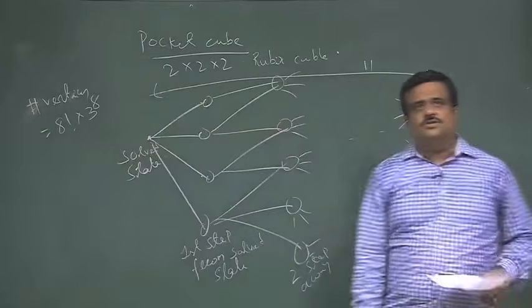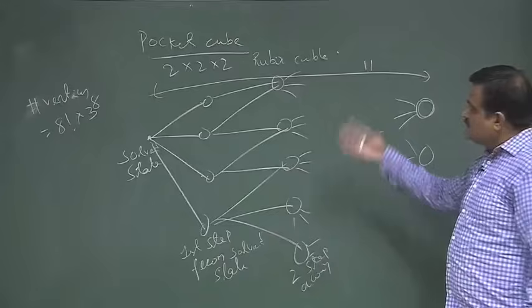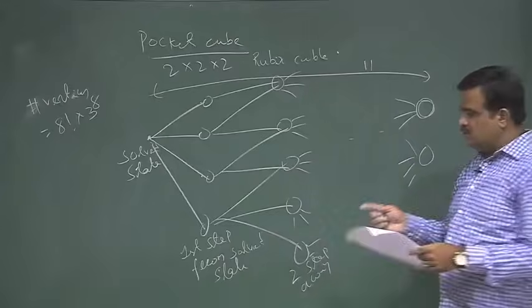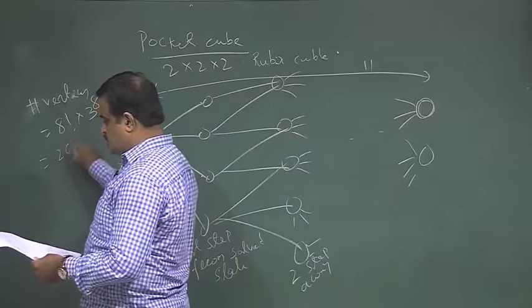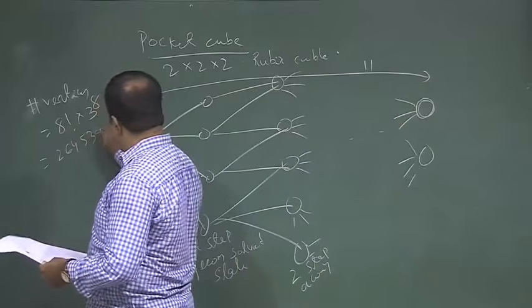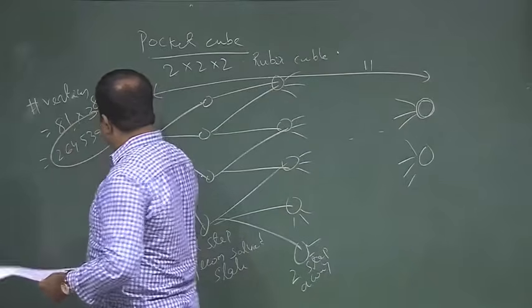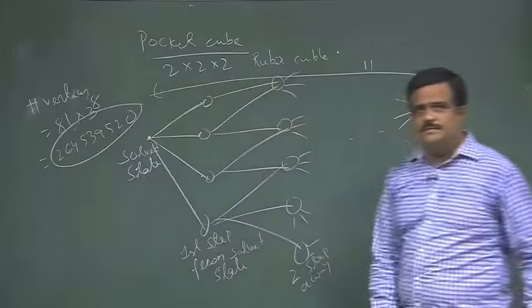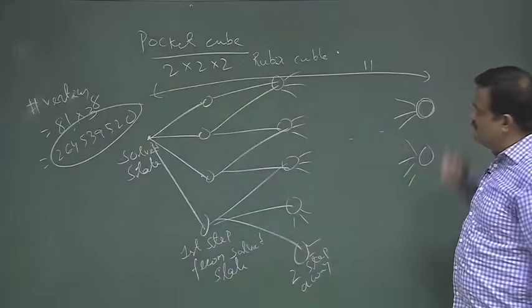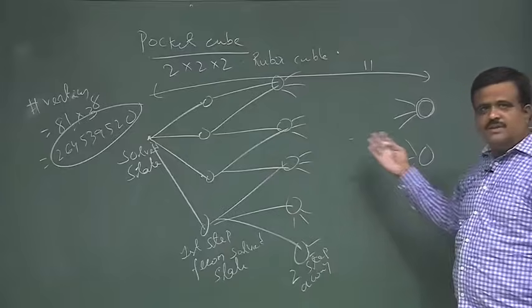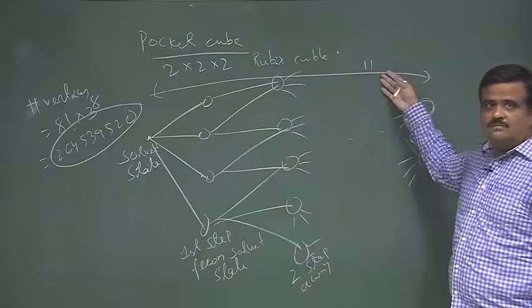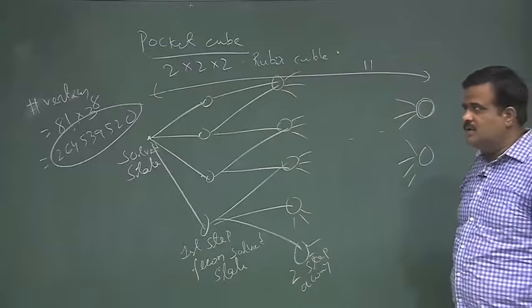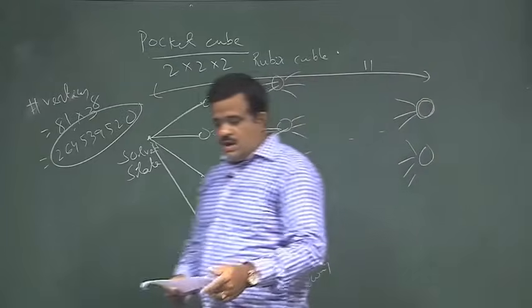This is a huge number, 264,539,520. This is the number of states of this graph, but the dimension is 11. There is a proof that one can show the dimension is 11. This is called God's number, or the dimension of the 2 by 2 by 2 Rubik's cube.